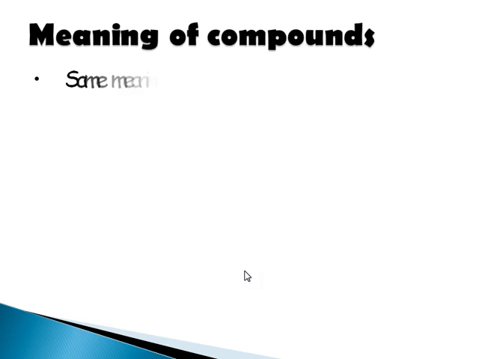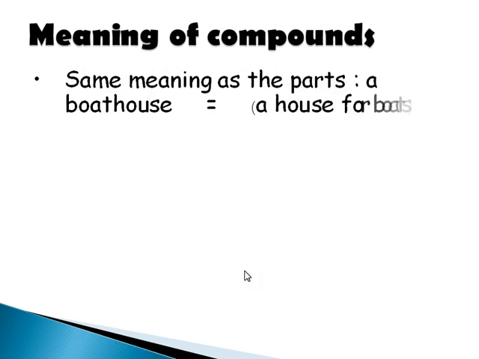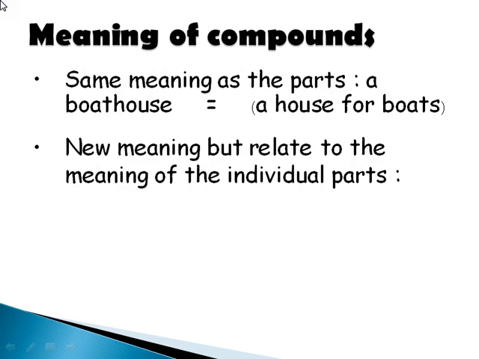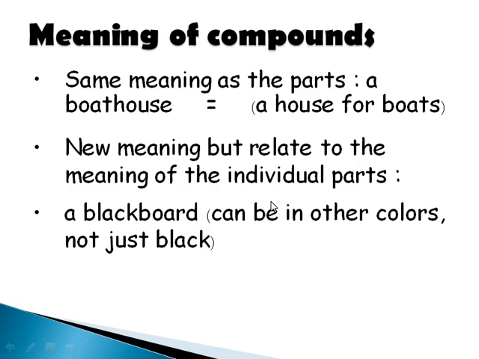Now, what's the meaning of compounds? Meaning is normally the same as the parts. A boathouse is a house for boats. We can also have cases in which there is a new meaning, but the meaning is related to the meaning of the individual parts. A blackboard can be in other colors and not just black, but we still call it a blackboard.